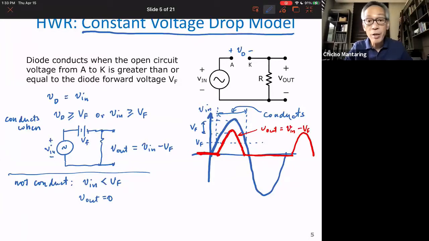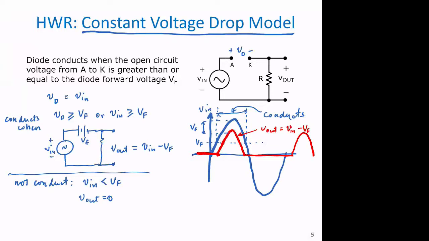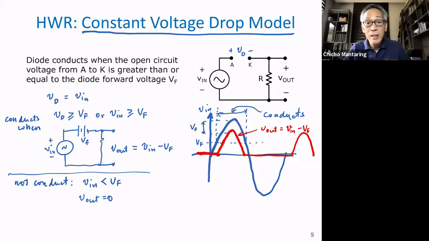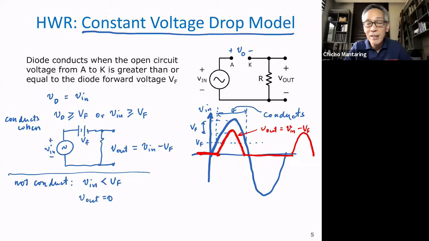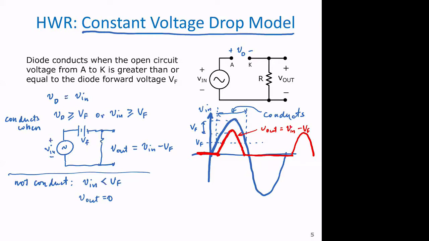Are there any questions so far? Sir, what happens to the energy when the diode is not conducting? The energy from the alternating current source? You should be able to answer that. What is your current when the diode is not conducting? It would be 0.